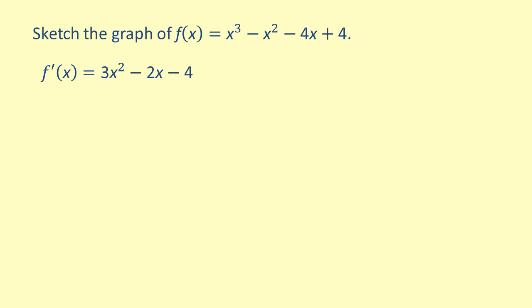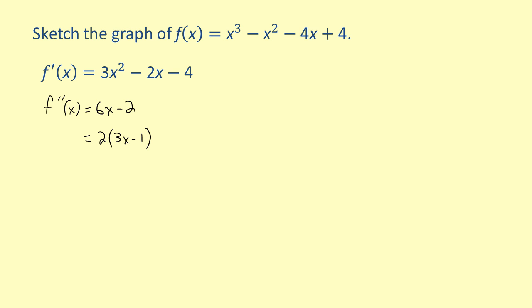Now let's determine the concavity of the function. To do so, we need to find the second derivative. When we take the derivative of the first derivative, we get f double prime equals 6x minus 2. This factors as 2 times the quantity 3x minus 1. Inflection points, or changes in concavity, occur when the second derivative is equal to 0.